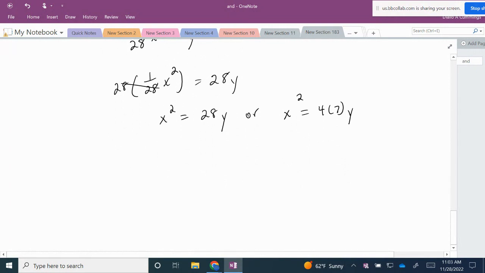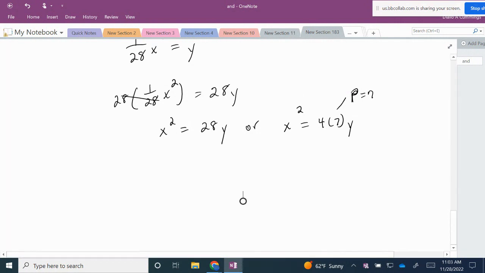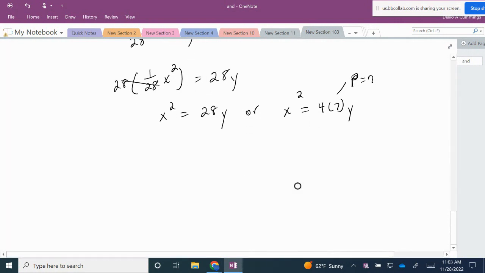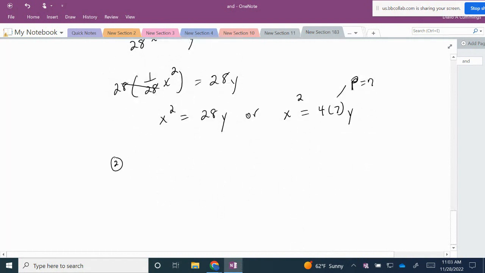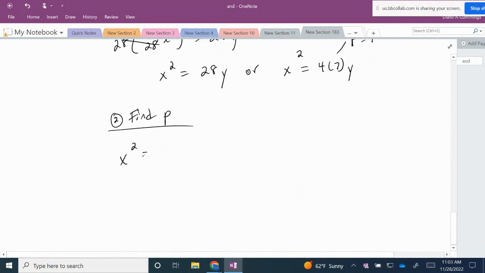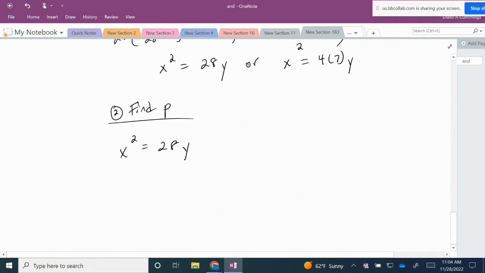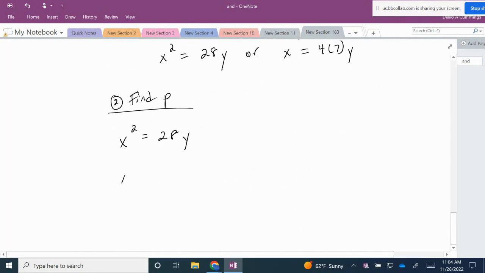All right. Okay. So notice that we factor out a 4, p is going to equal to 7. Okay. And again, we can find p by using that transitive property. So I'm going to put another step in. We're going to find p, right? So we're going to take x squared is equal to 28y. And we have our model form.